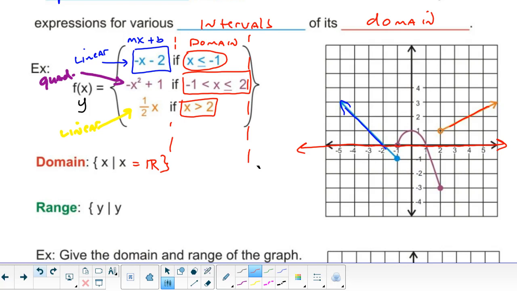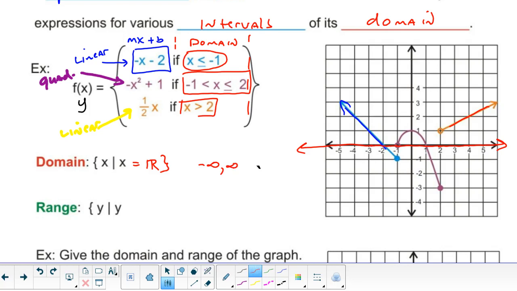Now, there's also a way to write the domain as an interval. And the higher up you get in your math, the more you'll use intervals. So I'm going to teach you how to do that right now. You always want to start with the lowest value possible. This goes to -infinity, comma, highest possible value, positive infinity.